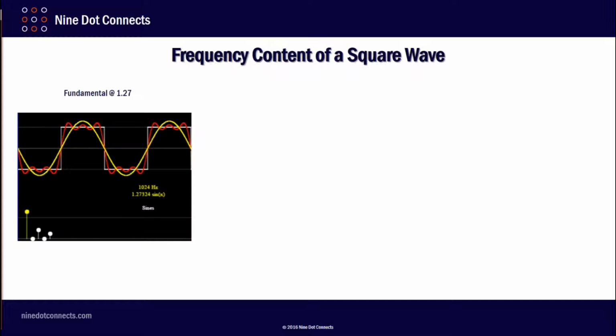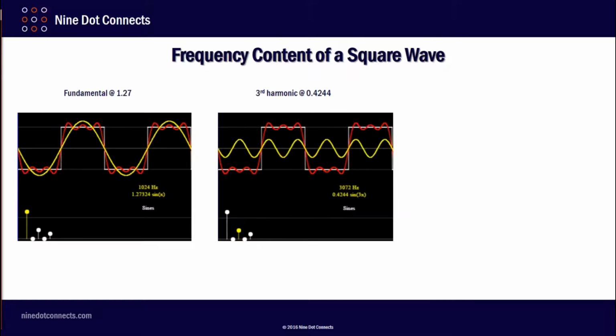So if I take a fundamental, which you see there in yellow, at 1.27 the magnitude, you'll notice I also have in the graph that it's at 1.024 kilohertz, or basically 1 kilohertz. But again, that isn't that important to understand.